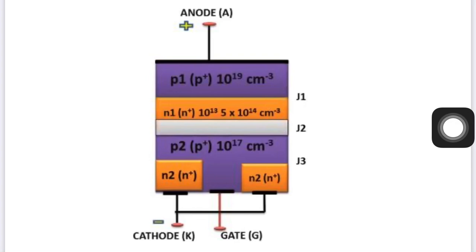We need to reduce that layer, then electrons can be exchanged, and when the electrons are exchanged, anode to cathode current will flow. So, we can say the switch is turned on, right. So, this is the forward blocking mode, meaning we give the supply between anode and cathode, still we do not get a current on the cathode side, right.